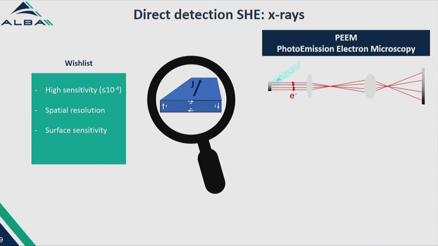In photoemission electron microscopy, we excite the sample with X-rays, but what we form the image with are electrons. In fact, very low energy electrons, of the order of a couple of electron volts, and low energy electrons do not travel very far in solids.